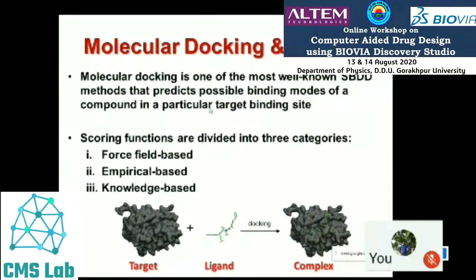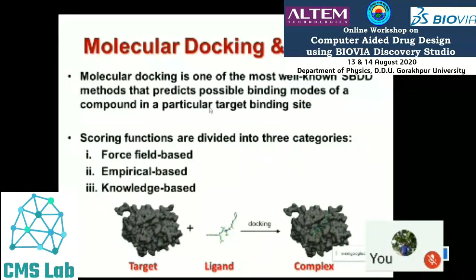Whereas the empirical based one is based on information about general protein-ligand complexes now available, which is not as robust as the force field based scoring function. In knowledge based, you don't have much information about the interactions.